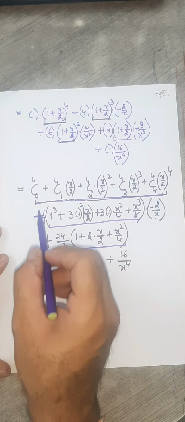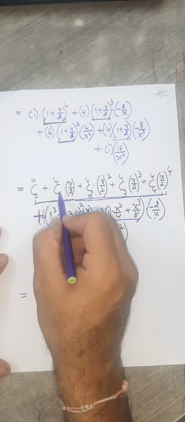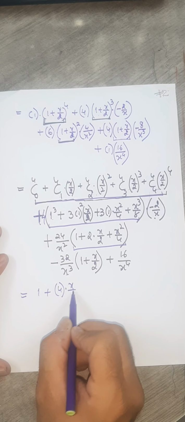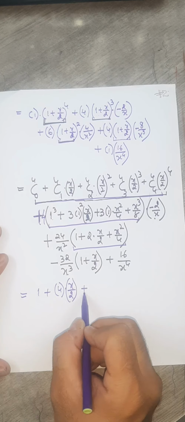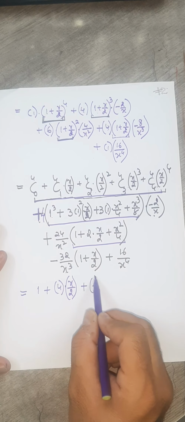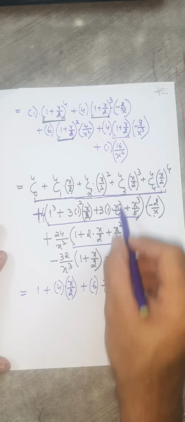If I do one more step, let me do 4c0. You know it is just 1. What is 4c1? It is 4 into x by 2, remember. Plus, what is 4c2? That is nothing but 6 into x square by 4. What is 4c3?